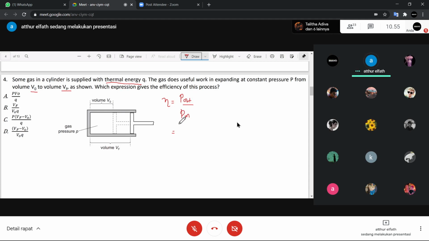This means energy out per time over energy in per time.